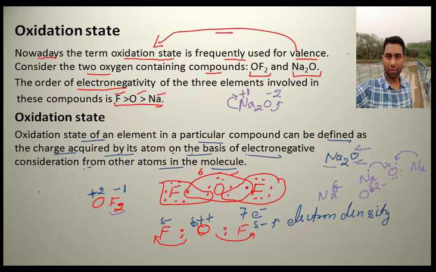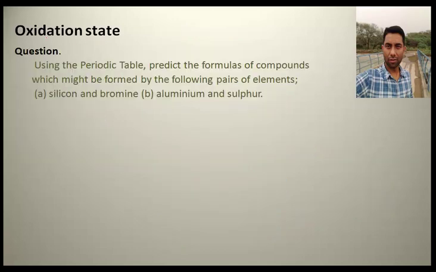So oxidation state can be calculated by removal of the species which are attached to a central atom, or the species of which we have to calculate the oxidation number. Now in order to understand more about this oxidation state, let us take an example or question.